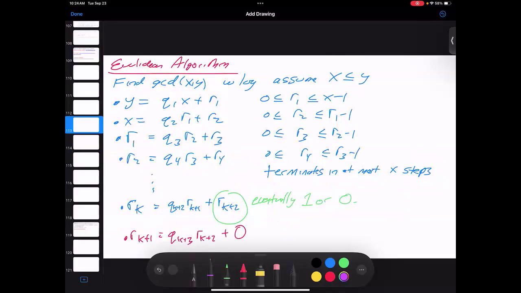And in the last line, it's very easy to find what the GCD is because this is 0. Well, whatever divides Rk plus 2 has to divide Rk plus 1. And so here, the GCD of Rk plus 2 and Rk plus 1 is just going to be Rk plus 2.